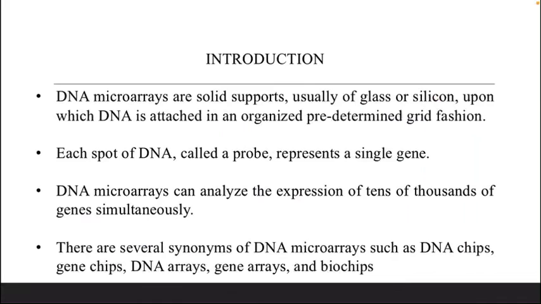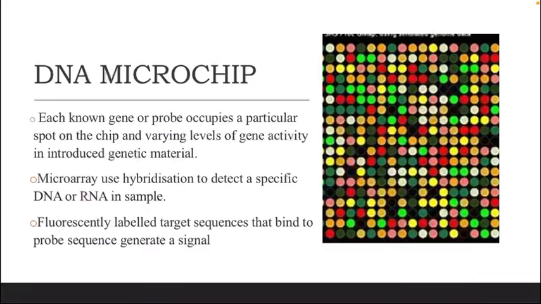These microarrays help in the analysis of tens of thousands of genes simultaneously in a single process, and are also known as DNA chips, gene chips, DNA array, gene array or biochips. Each gene or probe occupies a spot on the chip, which reveals the level of gene activity in the genetic material.